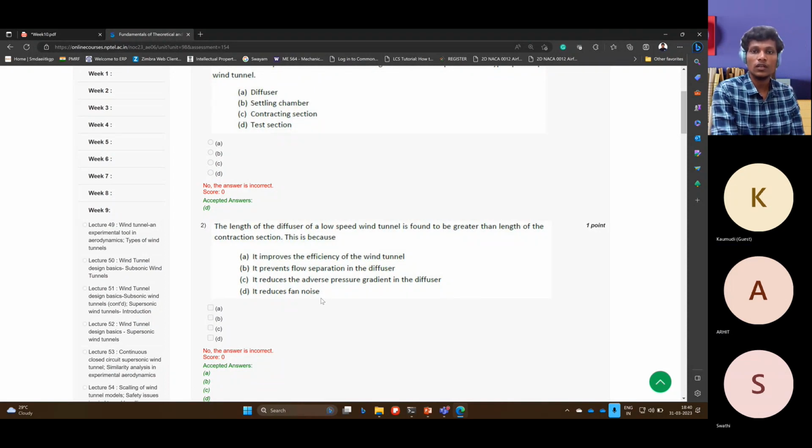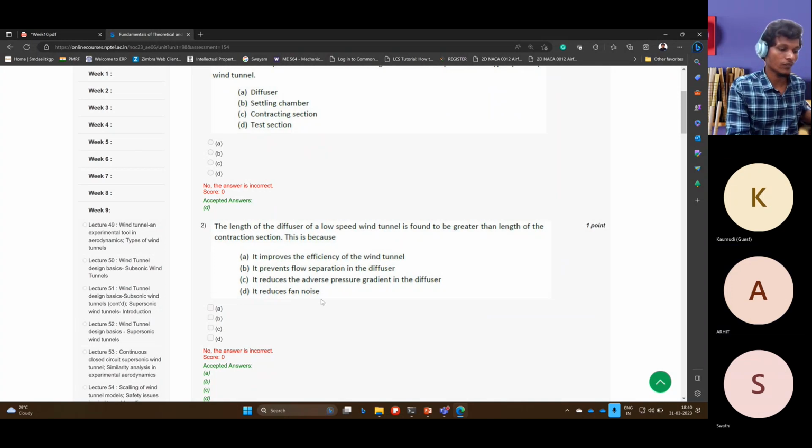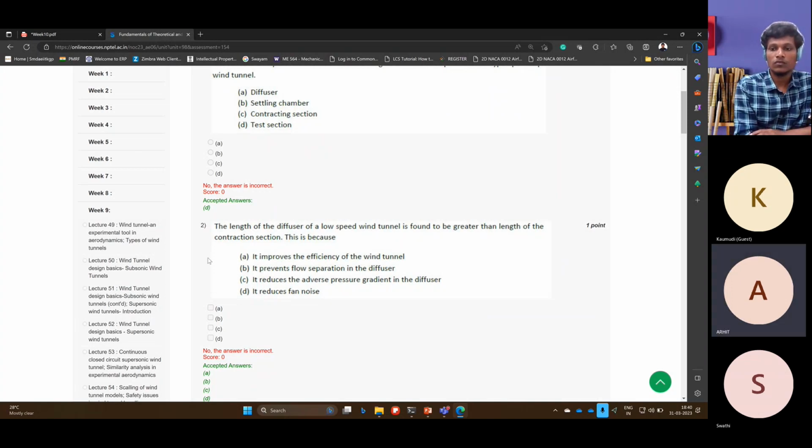It's a simple analysis. If your waves are traveling for a long distance, what will happen to the sound effects? It's a suction effect. If you are putting a very short length, the flow itself creates a very turbulent kind of thing, right? Yes, sir.